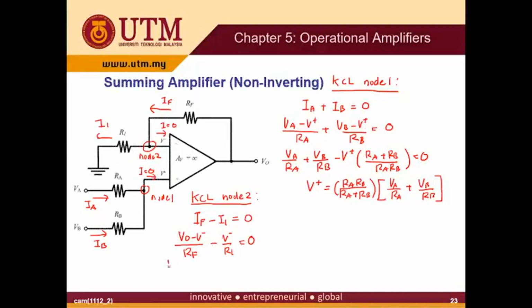So Vout/RF minus V negative, and then over R1 RF, equal to 0, and then you will get V negative is equal to R1 RF over (R1 plus RF), times Vout over RF.